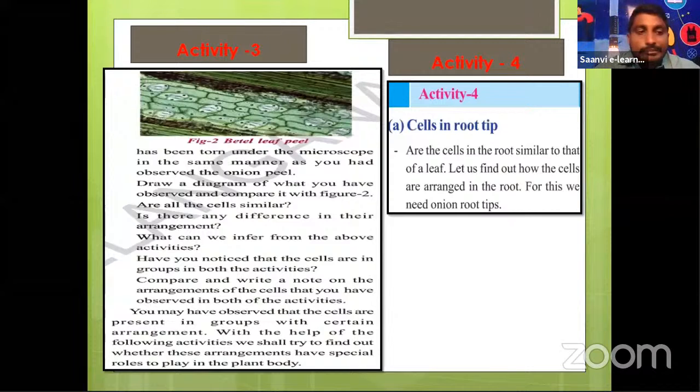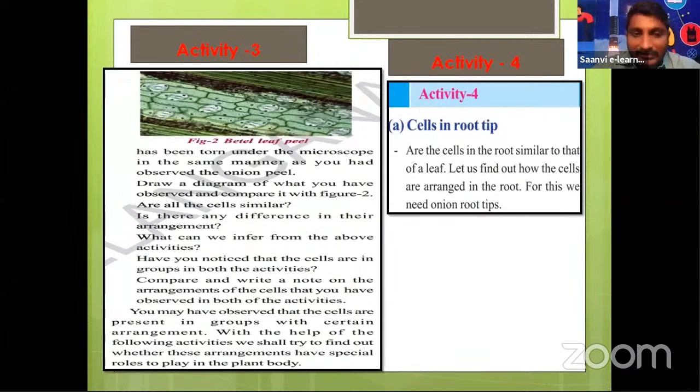See, children, what can we infer from the above activities? It's inferred that some of these cells may modify or arrange in a different way to perform specific functions.